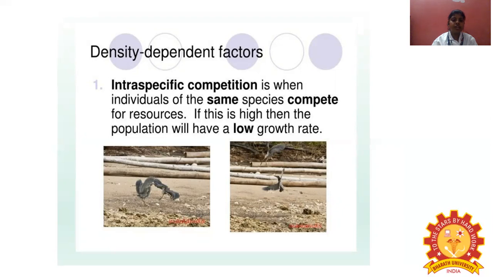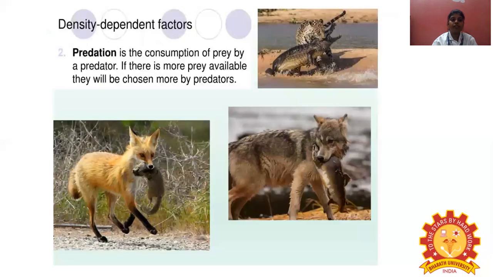If this is high, then the population will have a low growth rate. Predation means the consumption of prey by a predator. If there is more prey available, they will be chosen more by predators.